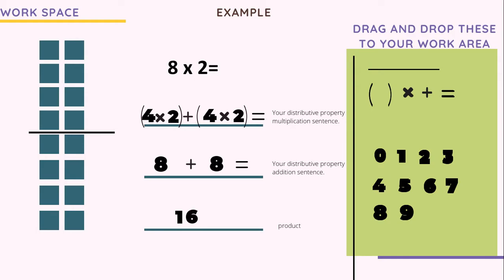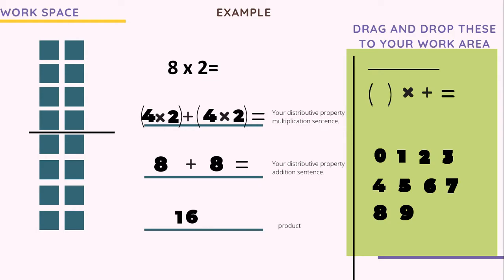The thing with the distributive property is you can break the array up into multiple different equations, right? So here you have the problem 8 times 2, which would be 4 times 2 plus 4 times 2 if you break it up this way. If you broke it up into 2 chunks, that would be 8 plus 8, giving you the product of 16.